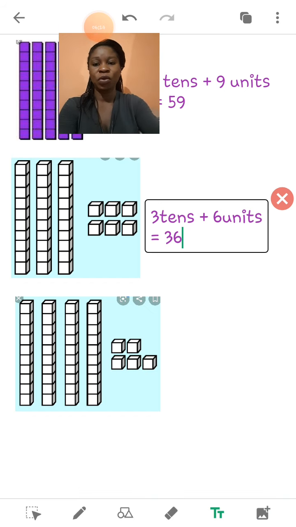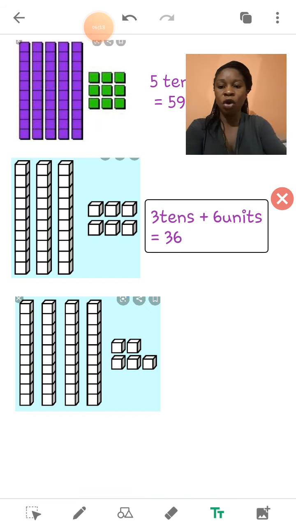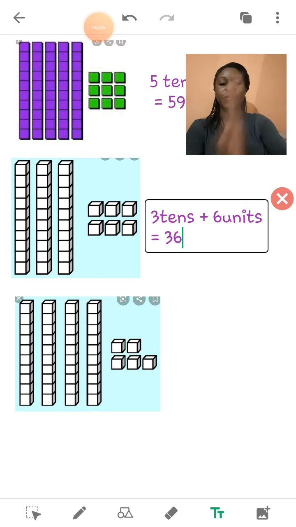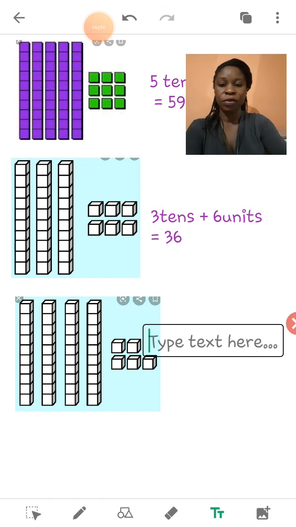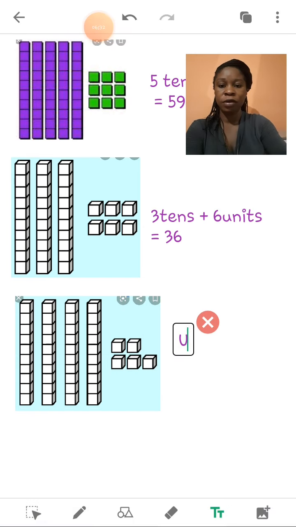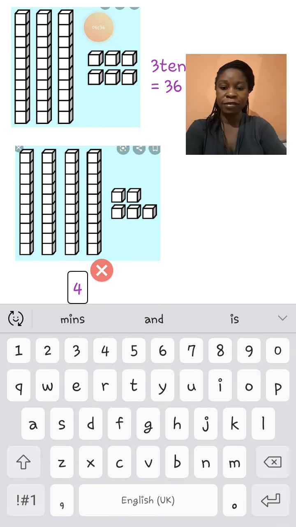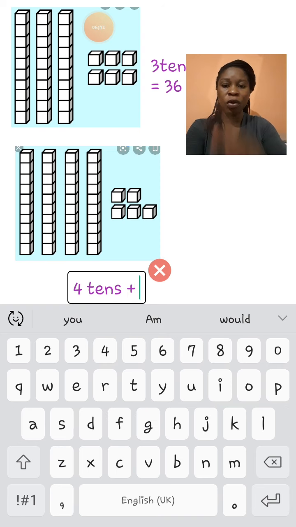Let's look at the last one. We have 1, 2, 3, 4. We have 4 stacks of blocks straight up. They represent 4 tens. So we write our 4 tens, plus, what's the unit value?